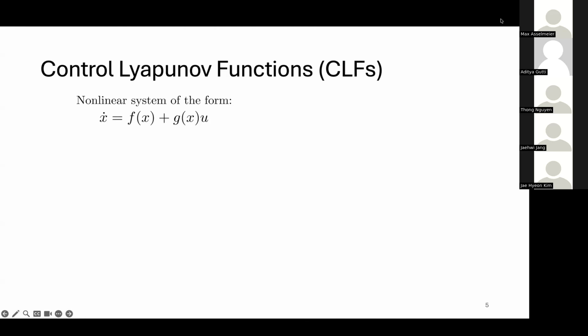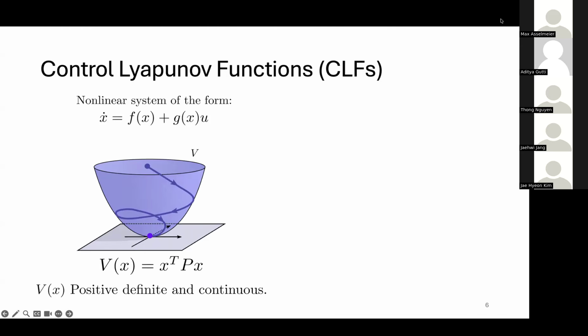So we consider a nonlinear system of the form x dot equals f of x plus g of x u. And then we get ourselves a Lyapunov function. Lyapunov functions are positive definite and continuous, and in our case we're always going to be looking at quadratic Lyapunov functions. So V of x equals x transpose P x is what we're going to be considering.